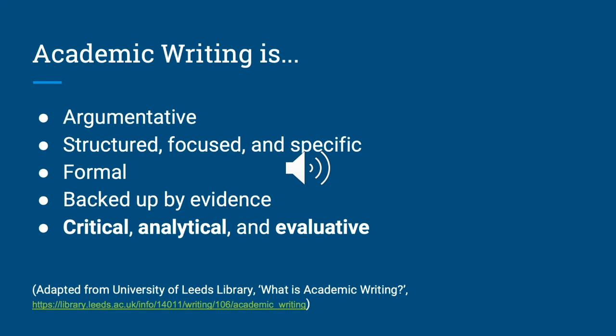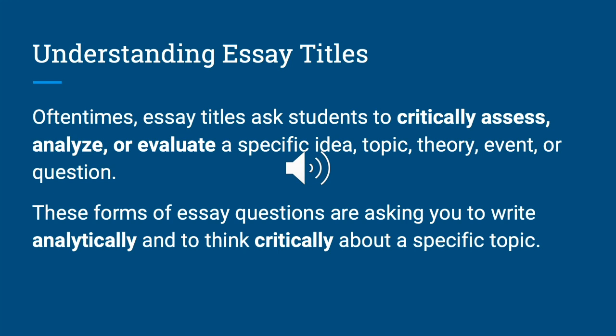You want to make sure that you are engaging with ideas, that you're interpreting data, that you are evaluating different points that different people have made. So we've established that critical writing is central to argumentative and academic writing.